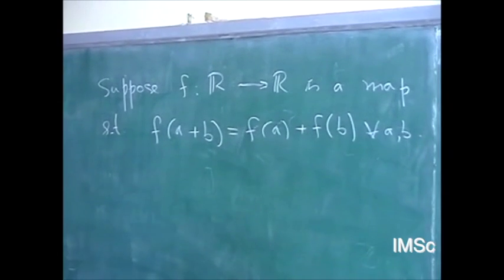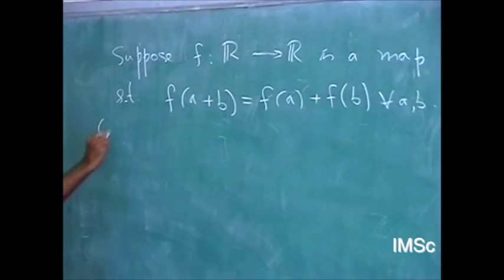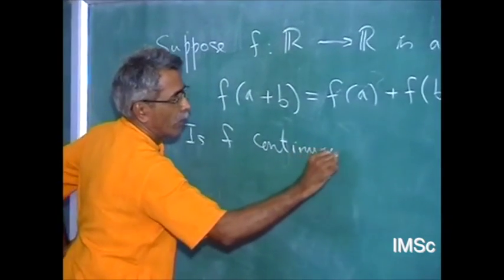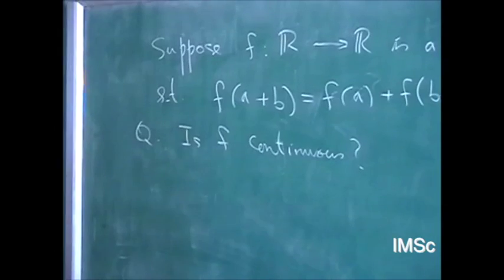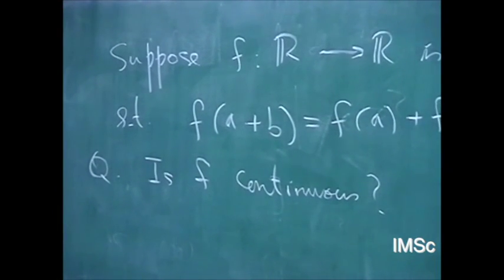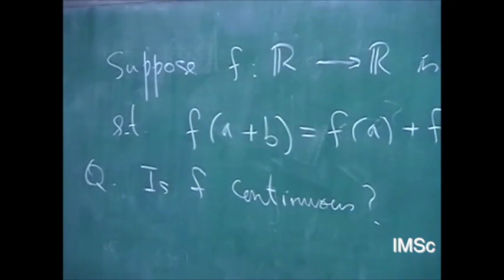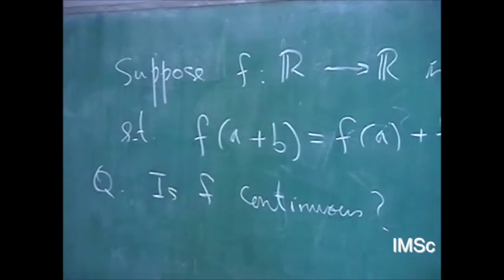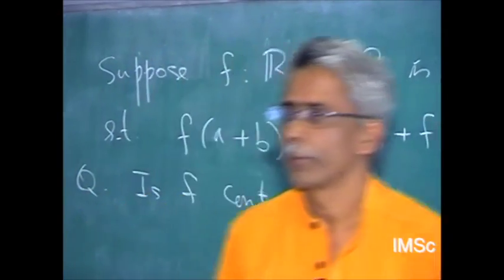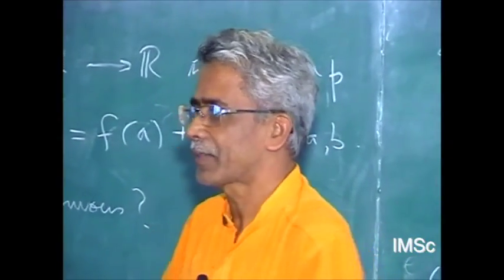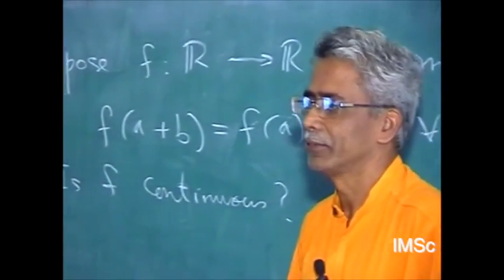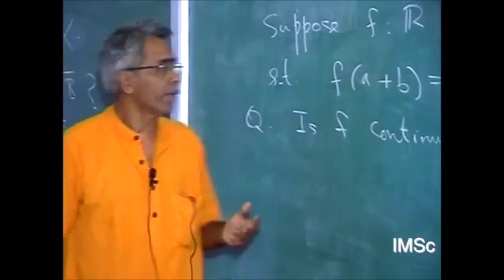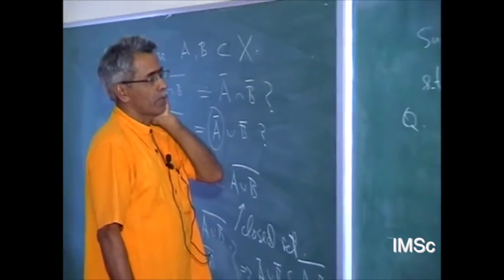Is f continuous? Let us examine what are the consequences of such a thing. So I know f of a plus b is equal to f of a plus f of b for all a comma b.